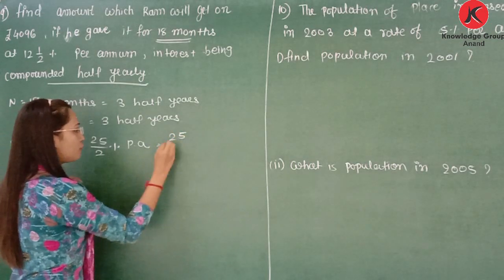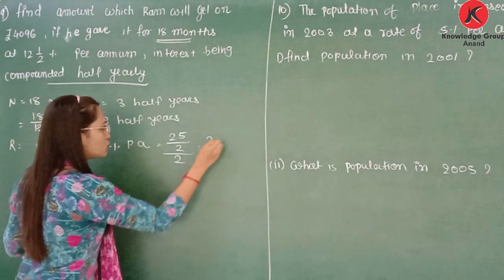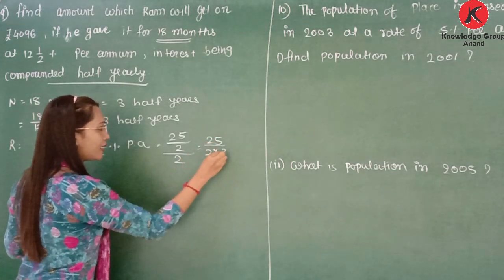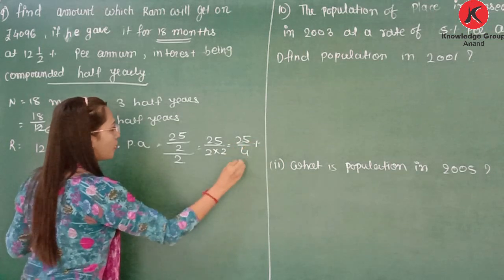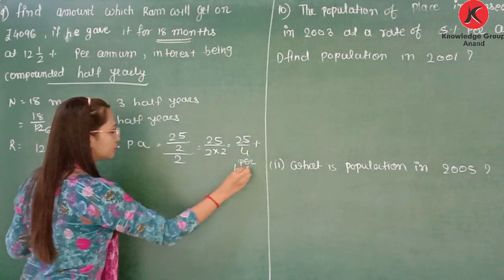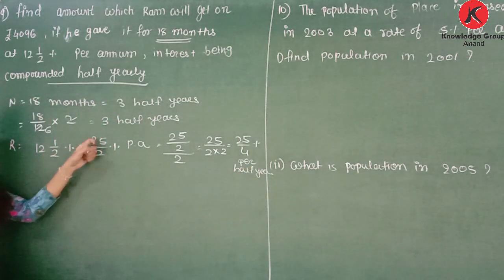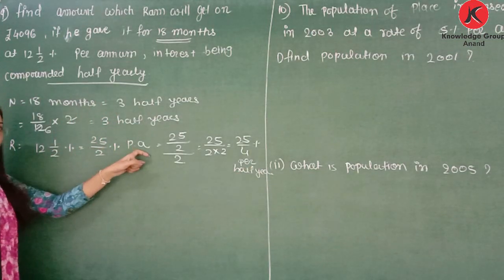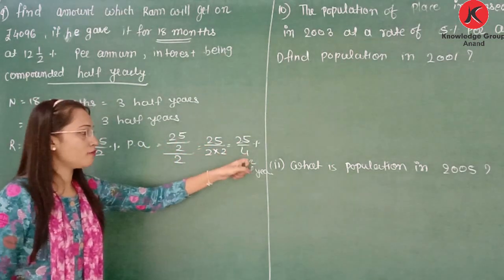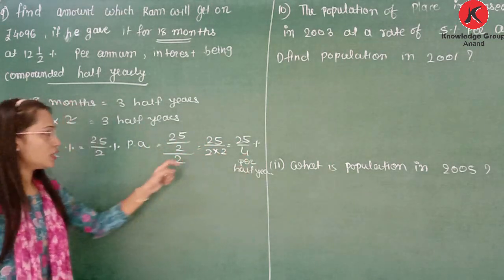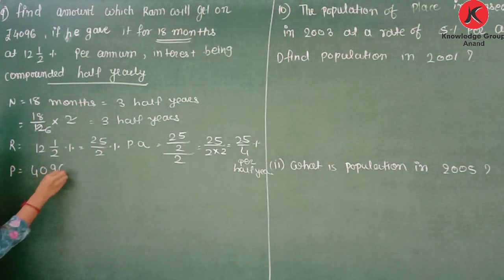So 25 by 2 divided by 2, that is 25 by 4% per half year. This is 25 by 2 per annum, means per year, and this 25 by 4% is per half year. Principal value will remain same, that is 4096.